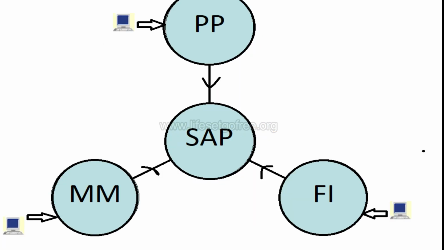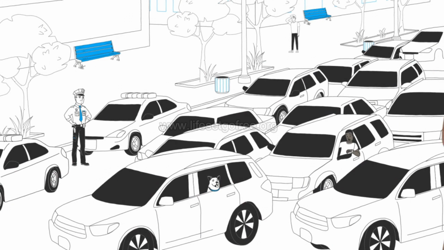All these packages are covered under SAP as a single package, and whoever is updating their information, for example, the finance department says I have a budget for producing 1000 cars, I have used up budget for 100 cars. Now the budget is available for 900 more cars.